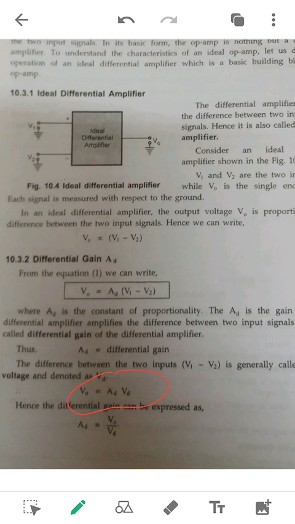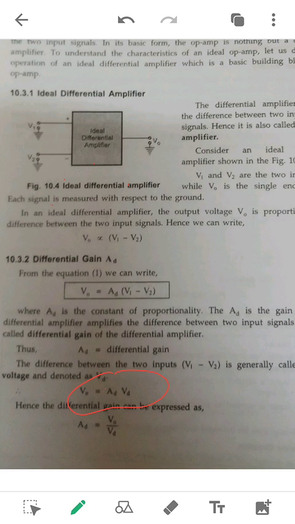V0 is the output voltage, AD is the differential gain, and VD is the difference voltage, that is V1 minus V2. So AD is the gain with which the differential amplifier amplifies the difference between the two input signals. Gain means the ratio of the output to the input.